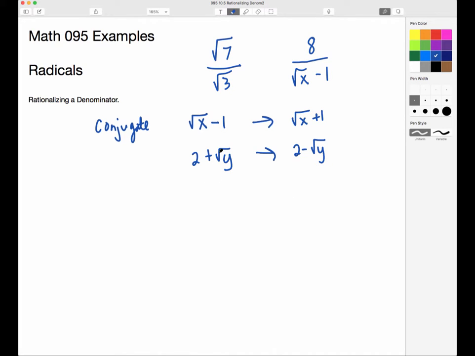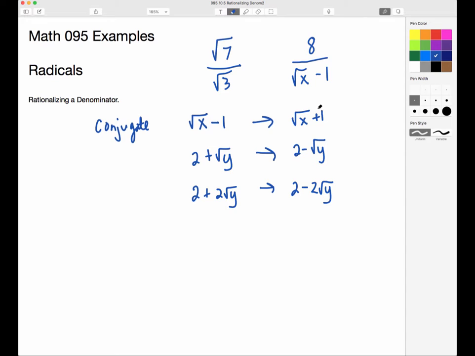It even works if you have coefficients. So you could have 2 plus 2 square roots of y, and then the conjugate will be 2 minus 2 square roots of y. Now the whole goal is that we create almost like a difference of squares. Notice that we have the same terms at the beginning and the end, but the signs are opposite.